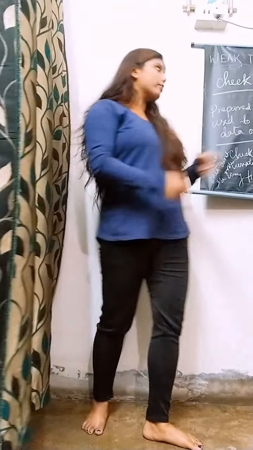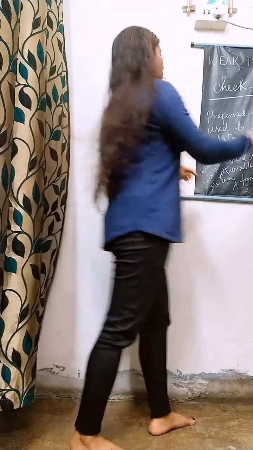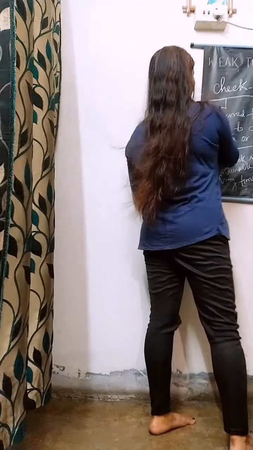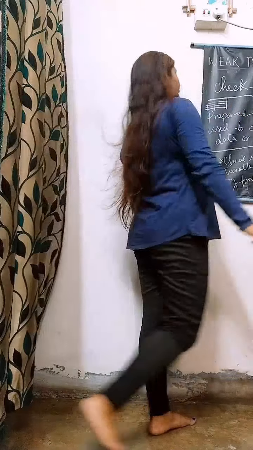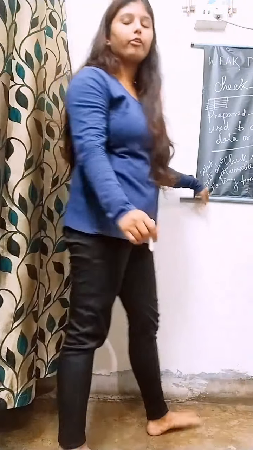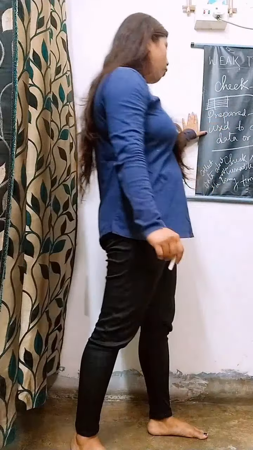A check sheet is a form, a kind of table also, that we use to record or collect information about the problem.